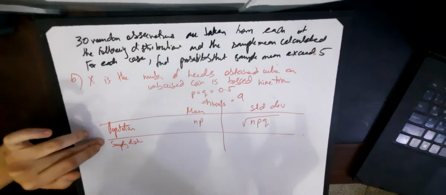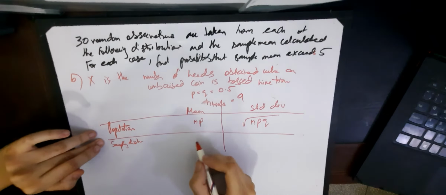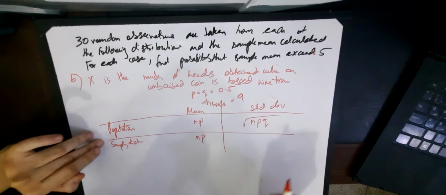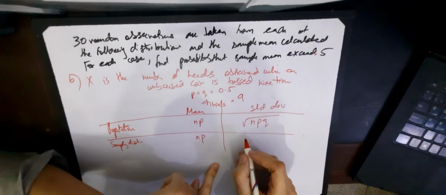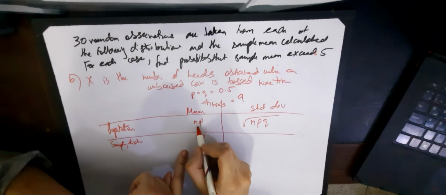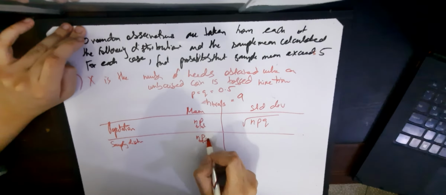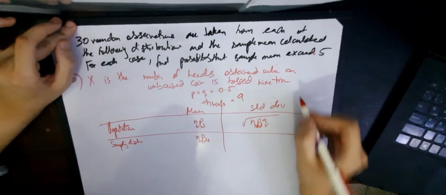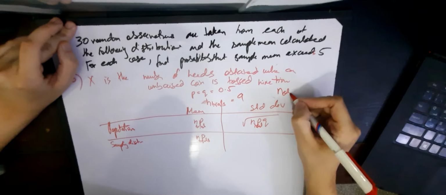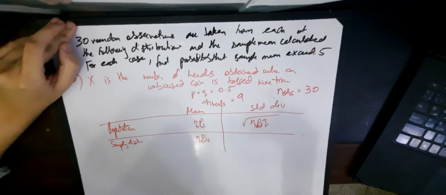Again, for the sampling distribution of sample means, the mean will be equal to the population mean, np, and the standard deviation, or the standard error, will be equal to... let's call this n trials, because this is going to create a bit of a problem later, since we have 30 observations. So n observations is 30, and n trials, the number of times that I've tossed a coin, is 9.